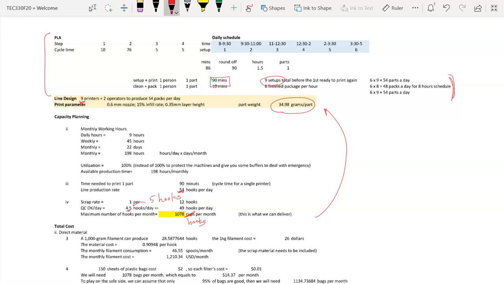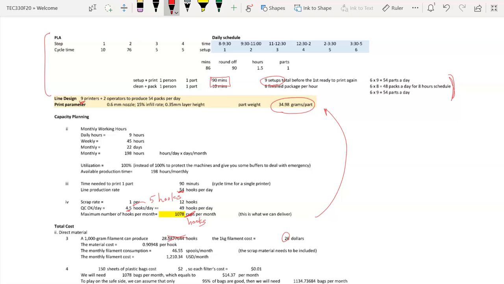Per spool, we are using 1 kilogram or 1,000 grams of filament that we can produce 28.5, no, 28. It's not 28.5. You can scratch this part. But in your financial model, you want to keep those. And each spool costs you $26, and that's the market price right now.